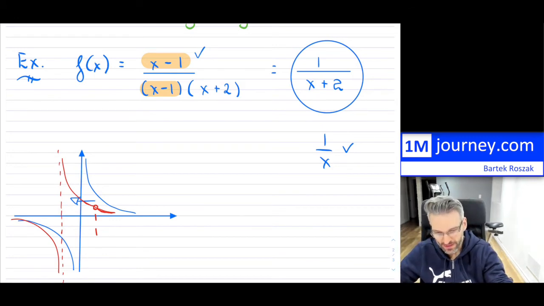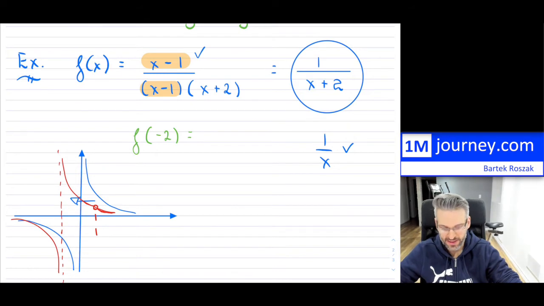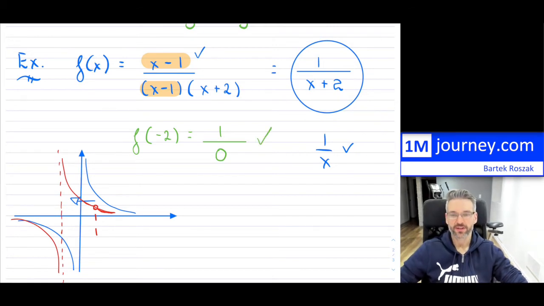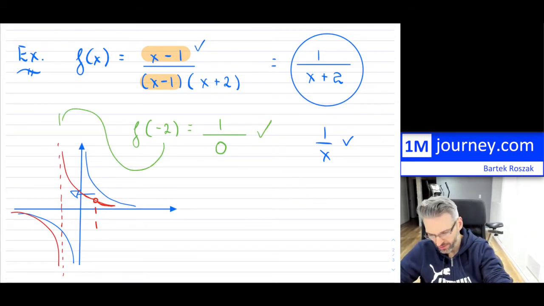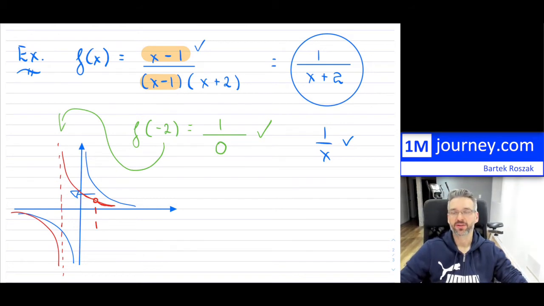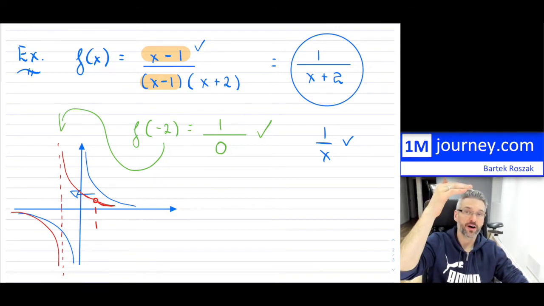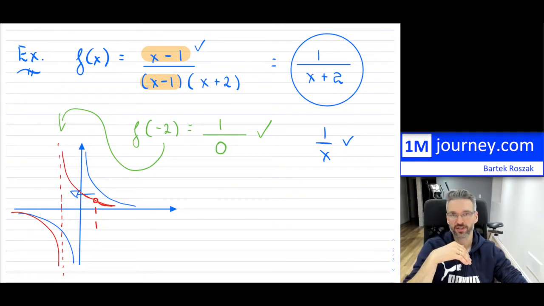So in that case, if I substitute here at minus 2, this is going to be 1 regardless, because the x minus 1 is going to cancel. And then in here, we're going to get 0, right? Now, if that happens, that means that we have an asymptote, and we do, at that particular point. So vertical asymptote, whenever your denominator is 0 but your numerator is not, for these rational polynomial functions.